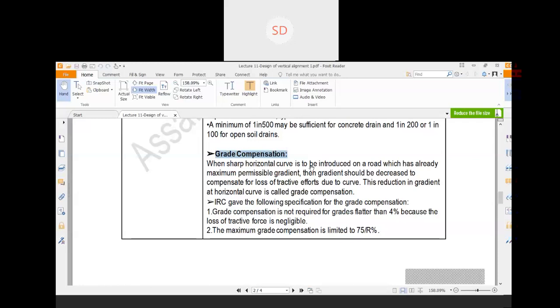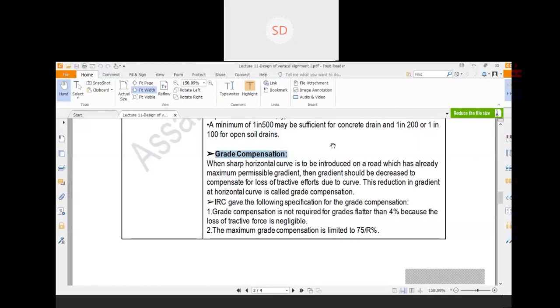Suppose a sharp horizontal curve has to be introduced on a road which already has the maximum permissible gradient. Suppose in a hilly area, a steep horizontal curve is there, and the curve is also going in the upward direction.